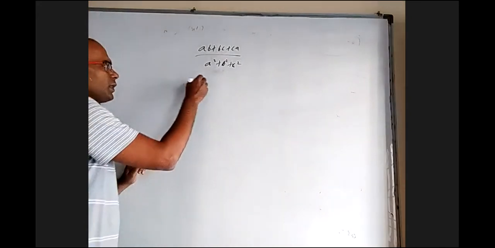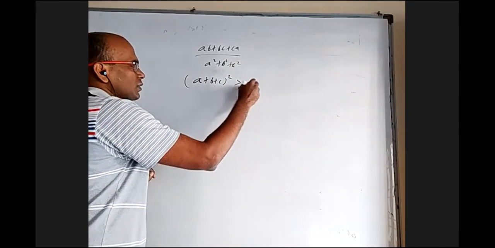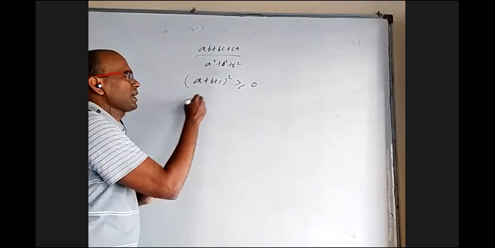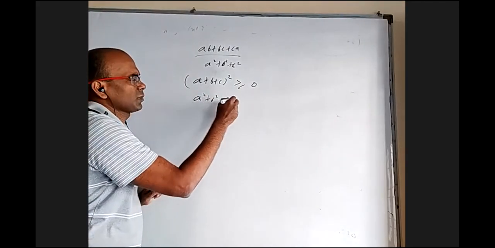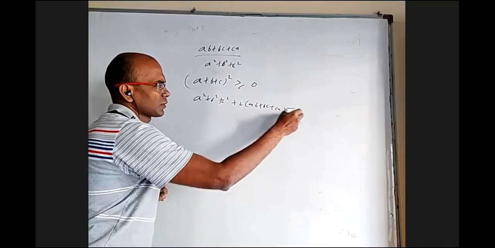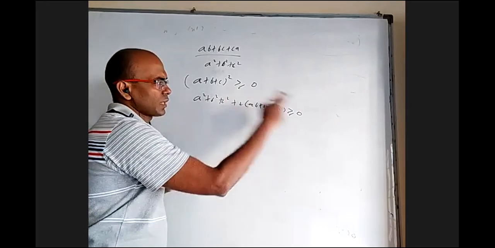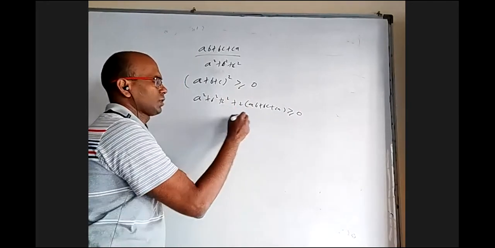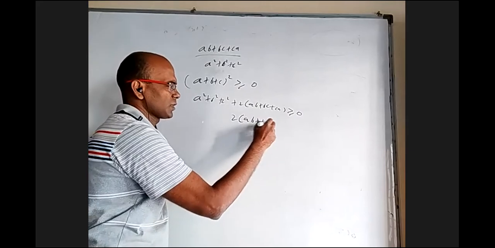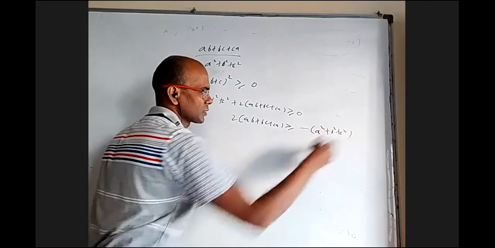For example, we all know for any real numbers, a plus b plus c whole square is greater than or equal to 0. When I expand this, you'll get a square plus b square plus c square plus 2 times ab plus bc plus ca is greater than or equal to 0. When you send this one to the other side and divide, you're going to get 2 times ab plus bc plus ca is greater than or equal to minus of a square plus b square plus c square.